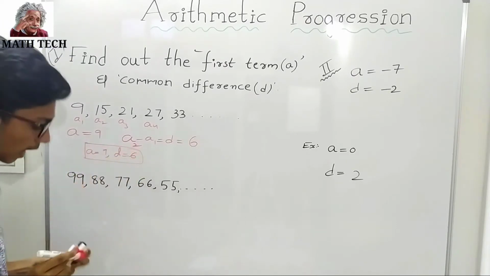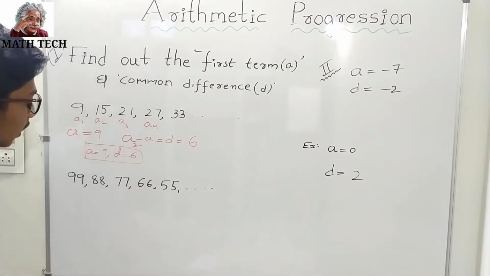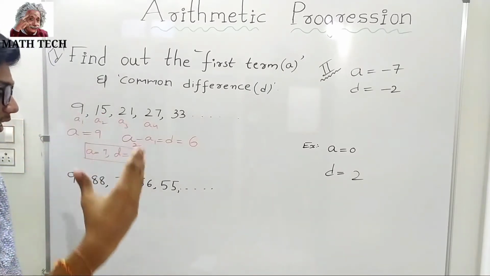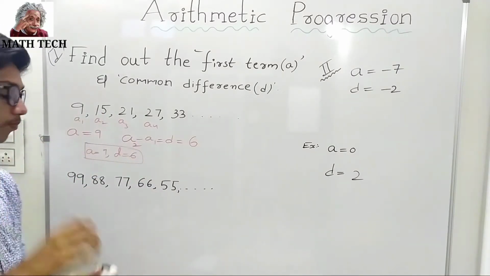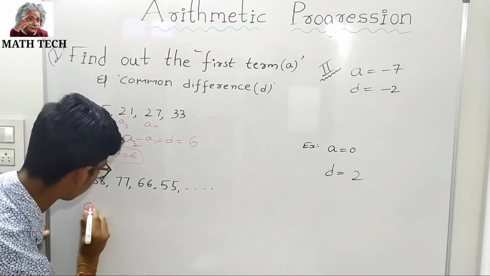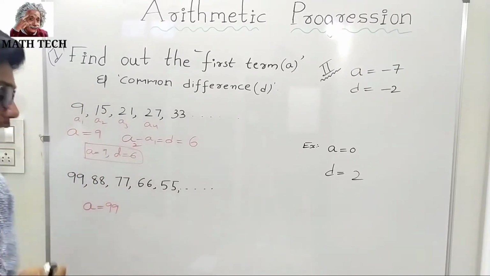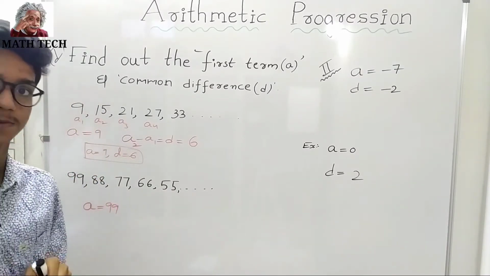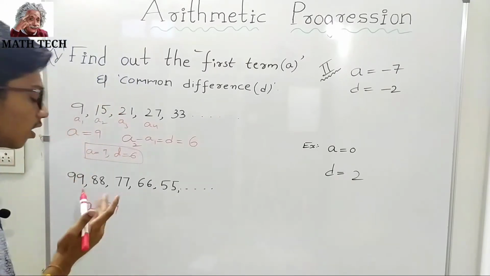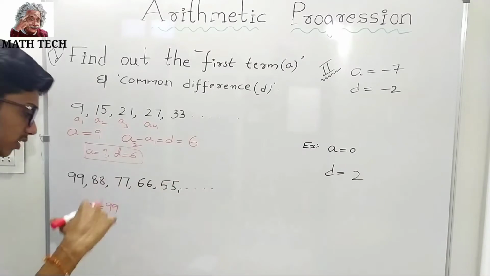Problem solved. The second question is 99, 88, 77, 66, 55 and so on. The first term is 99, and the common difference is the difference between consecutive numbers, that is a2 minus a1 or a3 minus a2.